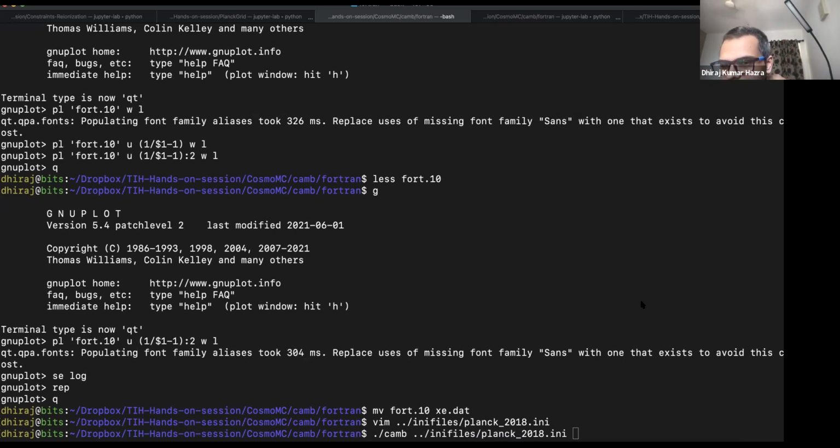Okay, Nilanjan, they have been able to do that. Is it correct? Anubhav Banerjee, make finish like gfortran. Yes, if the CAMB executable is there, that means it is correct. If you run ./camb with the INI files and it executes, then it is fine.